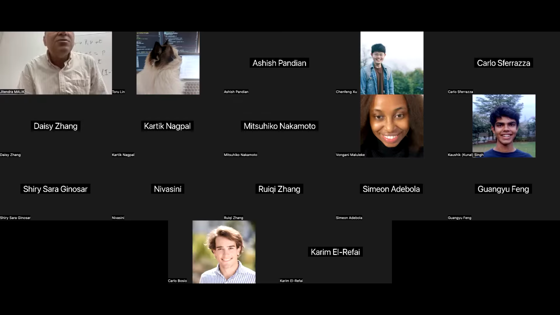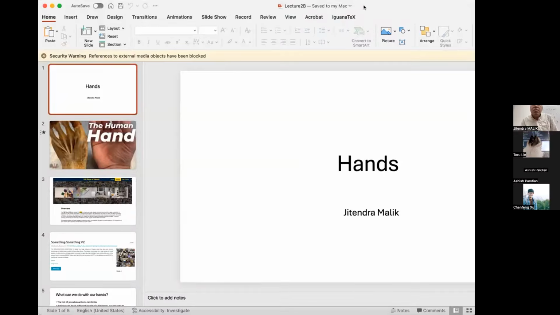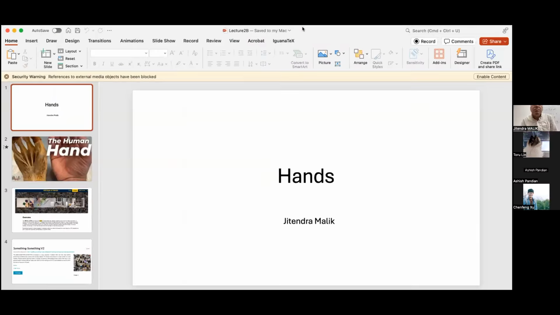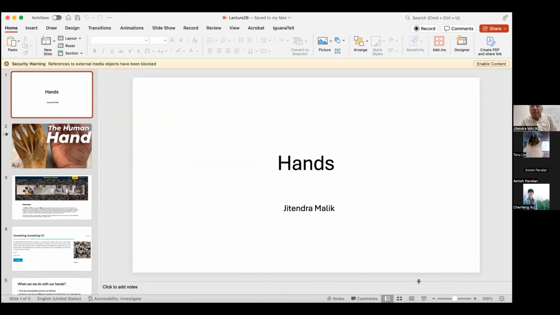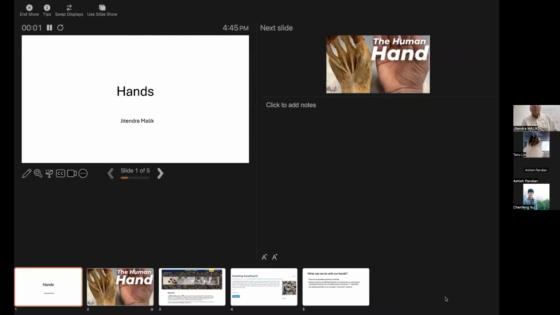Okay, and then I need to start share again. Is this probably not displaying properly in the speaker's view?